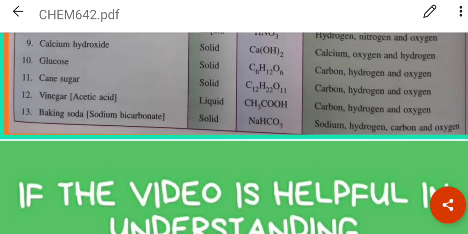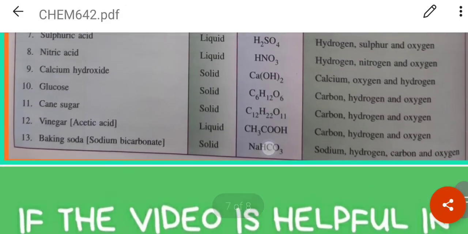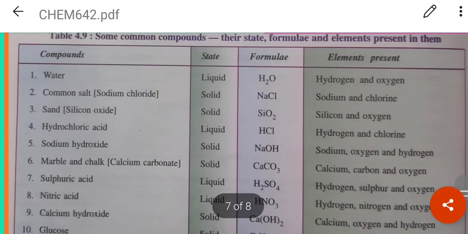Baking soda, which is used for baking certain food items like bread, biscuits, etc. Chemically, its name is sodium bicarbonate. It is a solid. Formula is NaHCO3, and elements present are sodium, hydrogen, carbon, and oxygen. So you do not fear.